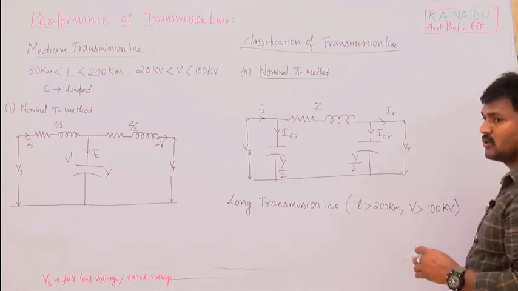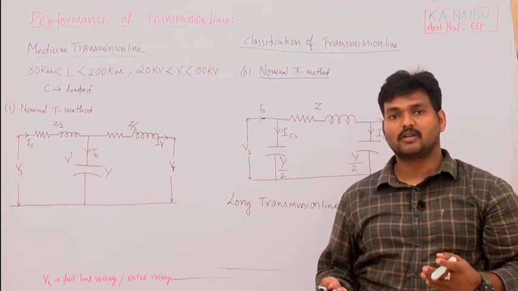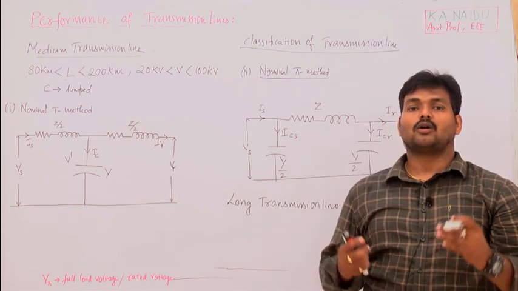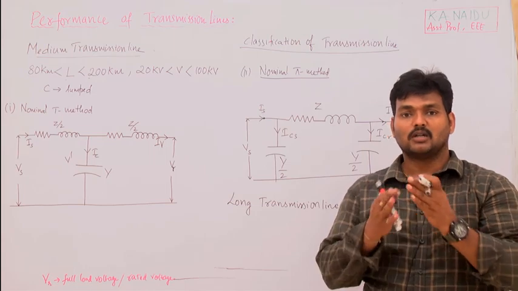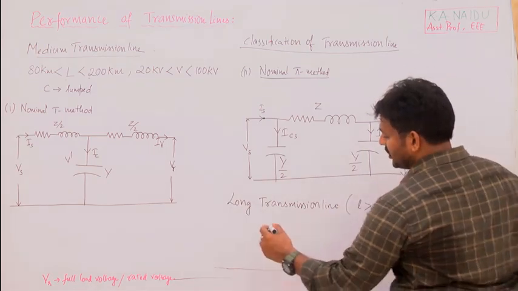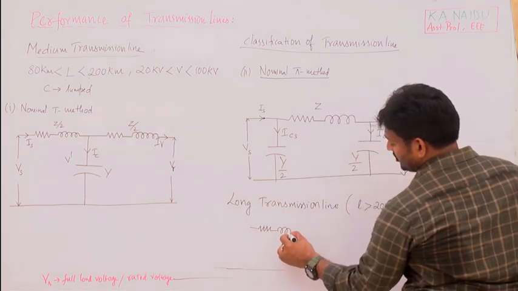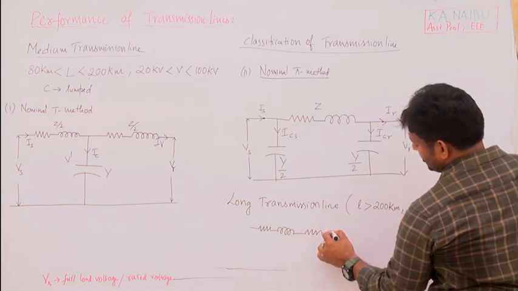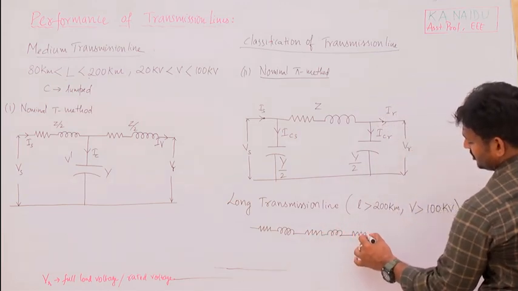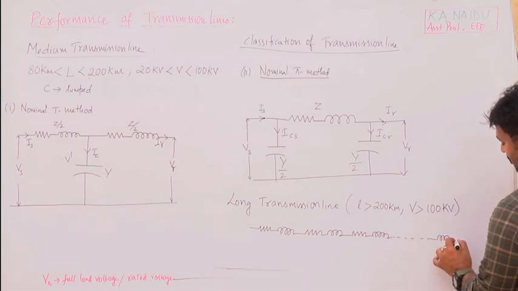So here you cannot neglect any parameter. You have to assume R, L and C, all the three parameters, and also all these three parameters are not lumped, they are distributed along the length of the transmission line. So here the equivalent circuit will look like this. This is the resistance and inductance, series resistance and inductance. So all these will be distributed along the length of the transmission line like this.